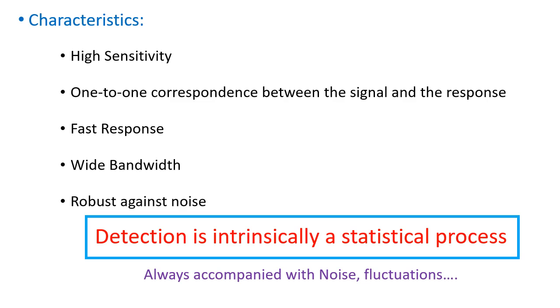So now let us look at the characteristics that one would like in an ideal detector. These are some of the characteristics that I have listed out. One would like that the detector is highly sensitive. That would mean that it can detect even low levels of the input signal. One would like that the detector has a one-to-one correspondence between the response, which is directly proportional in a sense to the input signal.